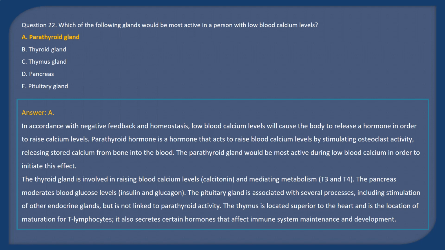The pituitary gland is associated with several processes, including stimulation of other endocrine glands, but is not linked to parathyroid activity. The thymus is located superior to the heart and is the location of maturation for T lymphocytes. It also secretes certain hormones that affect immune system maintenance and development.